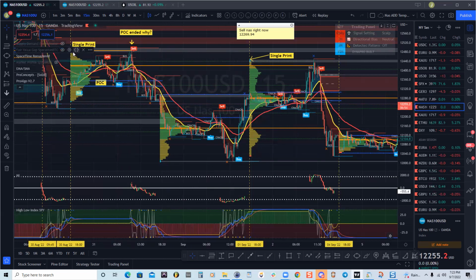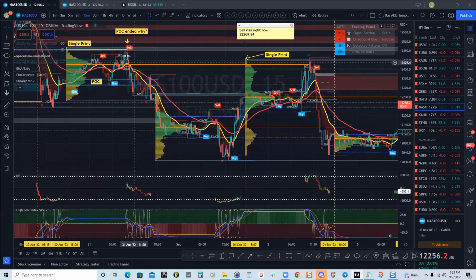So this is a single print. So you could have went to an end of POC to a single print here, which is right there. It's a good 400 pips move from an end of a POC to the beginning of a first touch of a TPO?